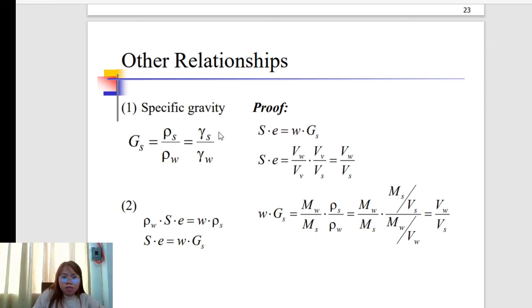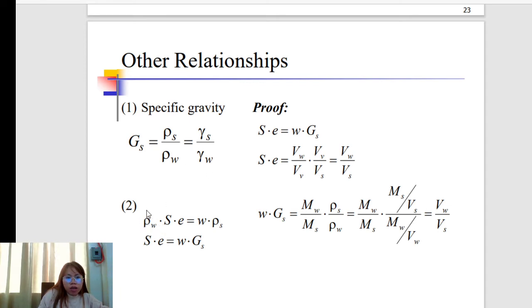Then we have other relationships, no? We have the specific gravity. This is discussed earlier, no? This is the density of soil divided by the density of water, or the unit weight of soil divided by the unit weight of the water.